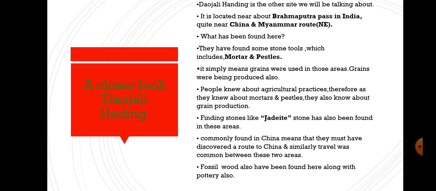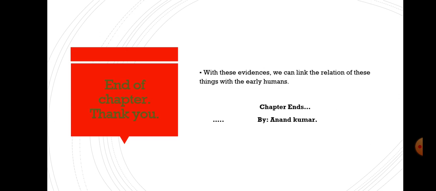called Daojali Hading. So students, with this the topic comes to an end, and the chapter also comes to an end. And in the last, we can say that with these evidences, we can link a relation of these things with the early humans.